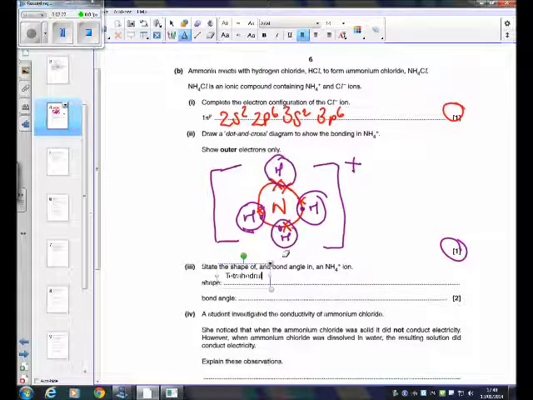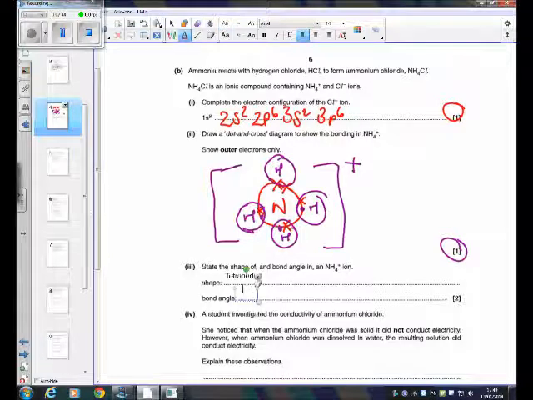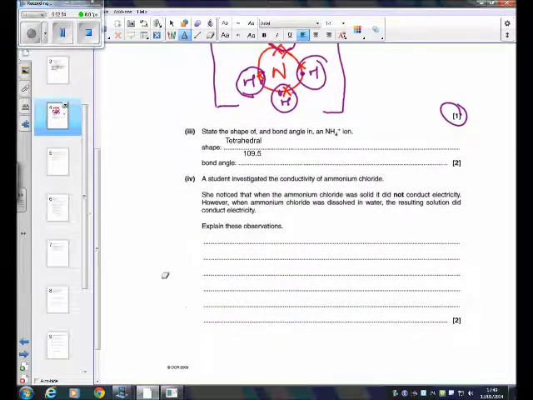And hopefully by now we should all know that the bond angle for tetrahedral is 109.5 degrees. And that would get you 2 marks, simply stating the shape and the bond angle.